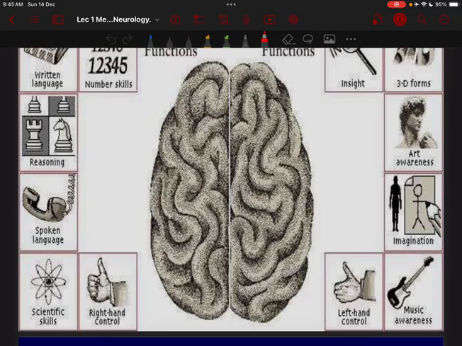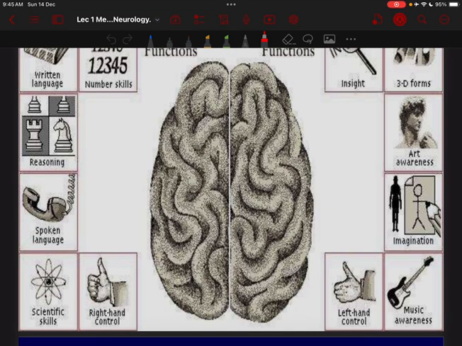Because the fibers which come from the left cerebral cortex go down to the brainstem, down to the medulla, to cross to the opposite side. That's why the left side of the brain controls the right side of the body, and the right side of the cerebral cortex controls the left side of the body.